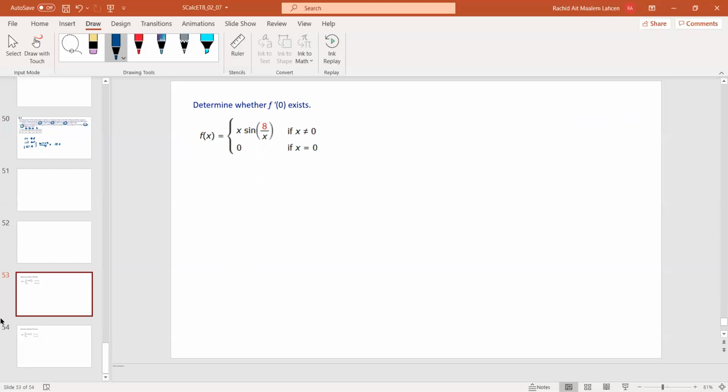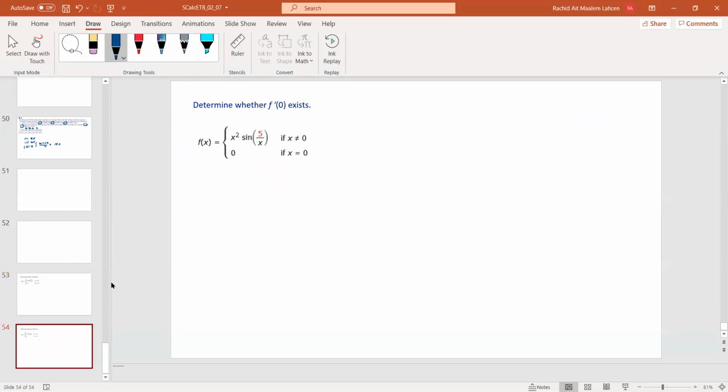This one is x times the sine function of 8 over x if x is not 0, and it equals 0 if x equals 0. It's almost the same thing. It doesn't matter, the 8 or 5 there, but it is defined in the same way.